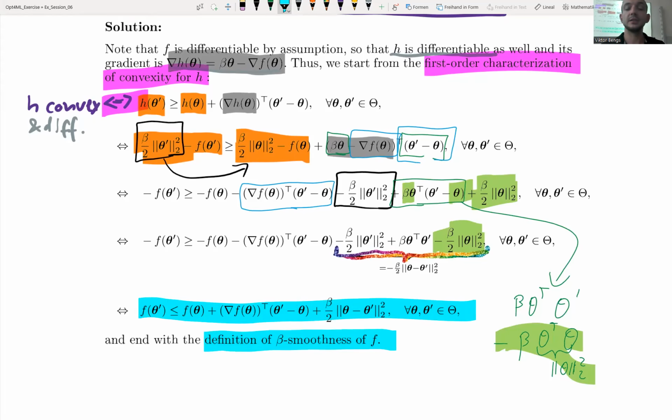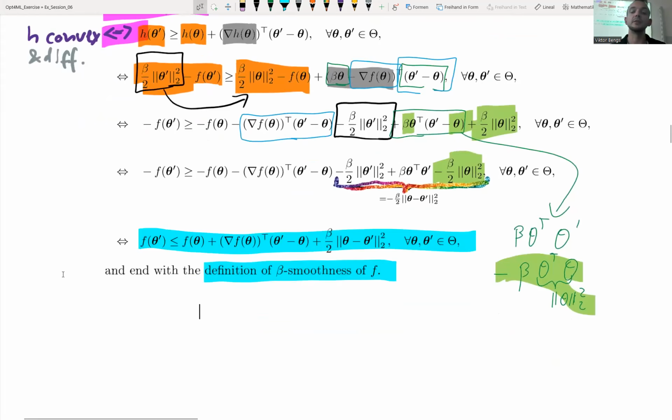And why is this really the definition of beta smoothness, or rather the equivalent definition if we have convexity? This is something we will talk about in a minute. So if this function f is convex, then this is an equivalent definition for beta smoothness. The beta smoothness definition is, in fact, a different one, where we have that the gradients are beta Lipschitz.